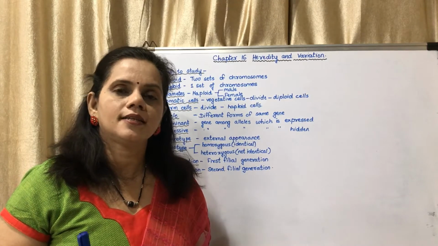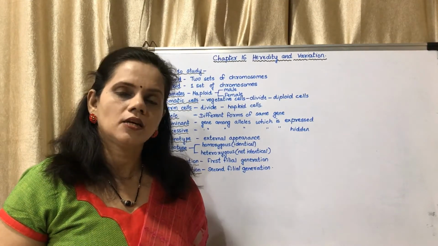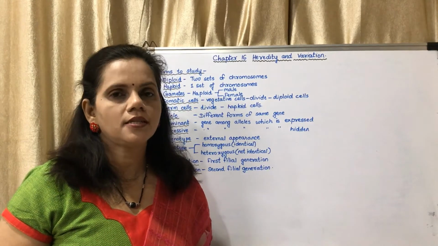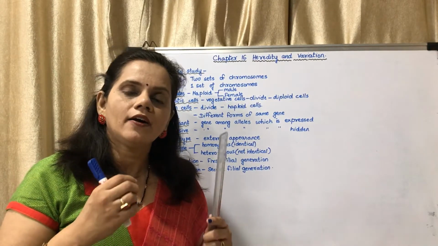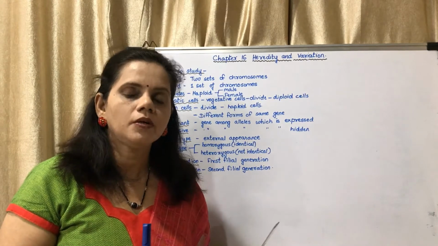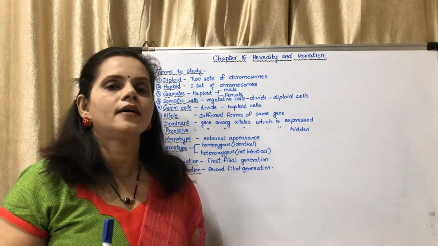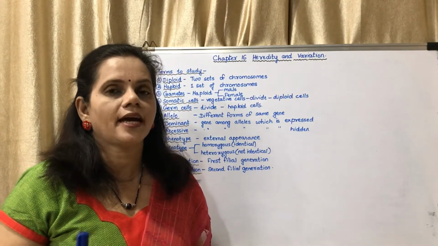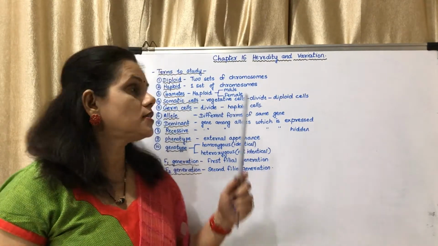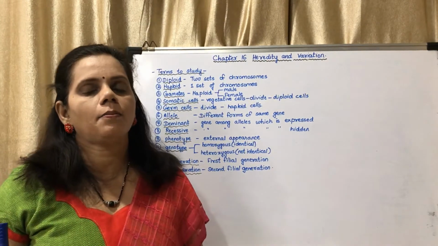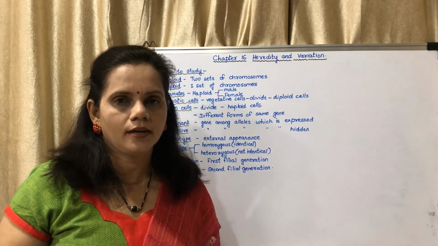The female gamete, that is the egg or the ovum, also has only one set of chromosomes, that means it is haploid. Now when one haploid sperm fuses with a haploid egg, a zygote is formed, which is diploid. So one haploid plus another haploid will give you a diploid.